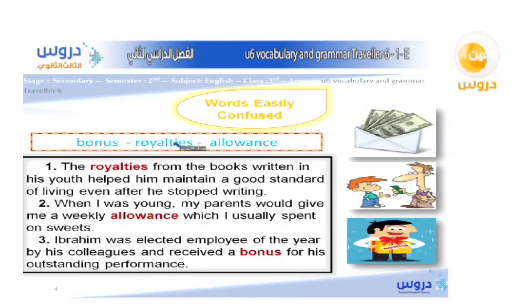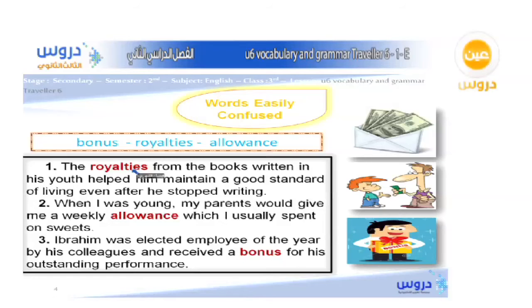Now let's move to the words that are easily confused: royalties, allowance, bonus. We need to know the difference between royalties, allowances, and bonus. The first sentence: the royalties from the books written in his youth helped him maintain a good standard of living even after he stopped writing.